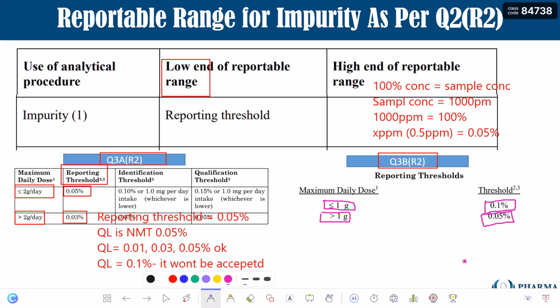So I hope you understand defining the reporting threshold concentration, right? We talked about this example, 0.5 ppm with respect to 0.05%. And I hope you are able to connect now the requirement of quantitation limit, reporting threshold with the low end of your range study.